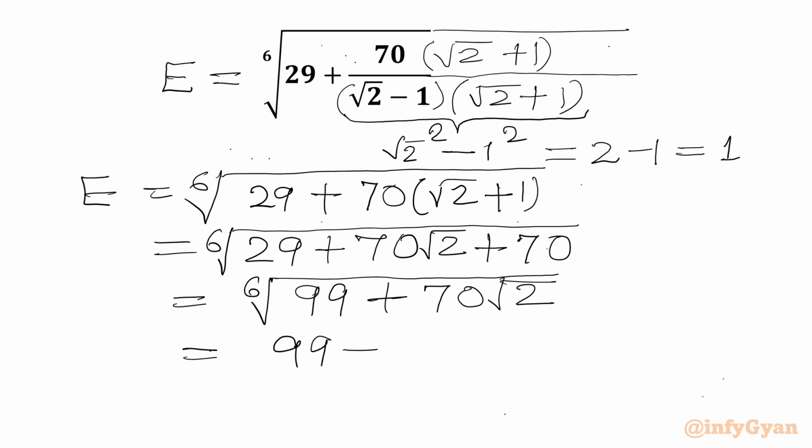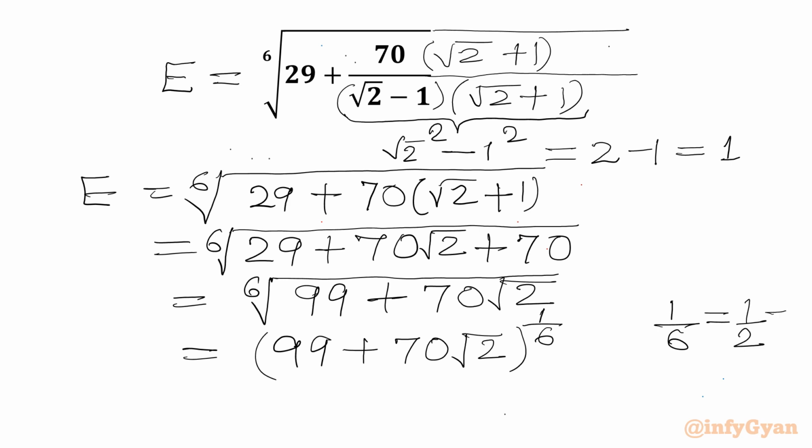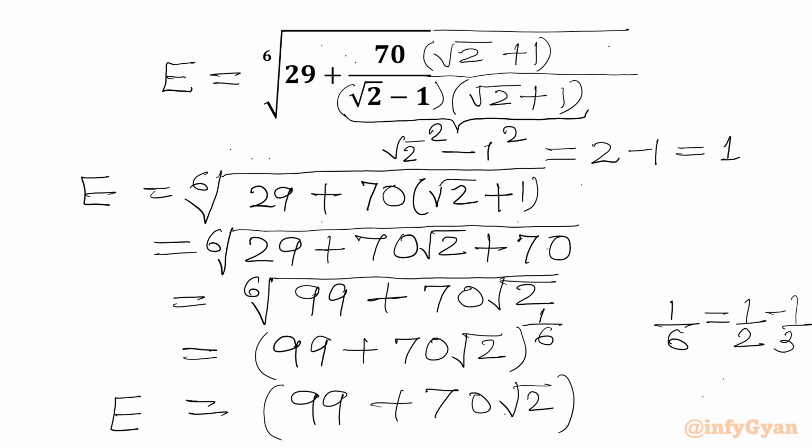So 99 plus 70 square root 2 with power 1 over 6. Now 1 over 6 we can write as 1 over 2 minus 1 over 3. So I will be writing expression E equal to 99 plus 70 square root 2, and the power will be 1 over 2 minus 1 over 3.